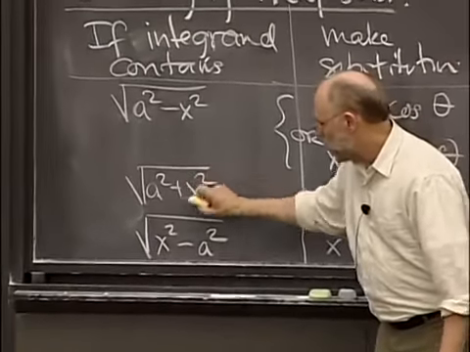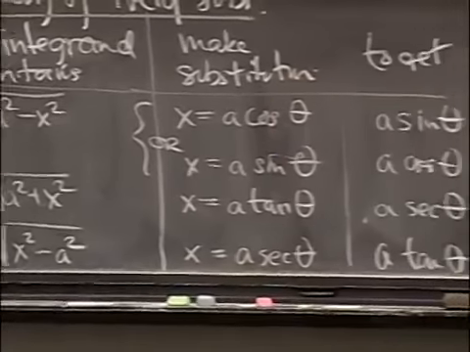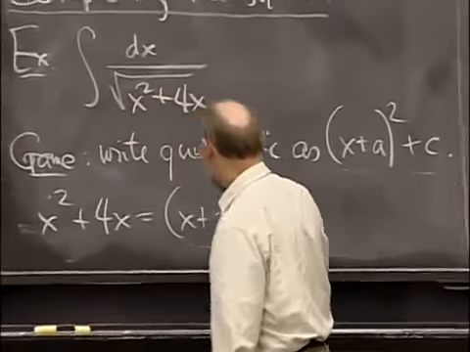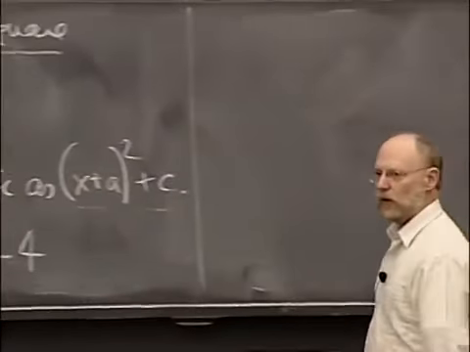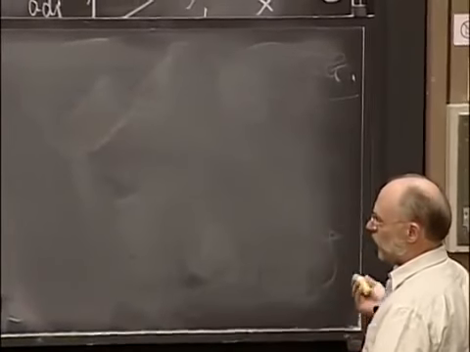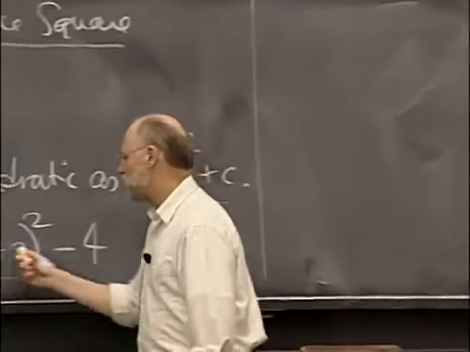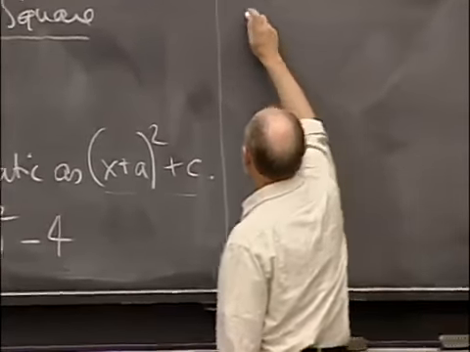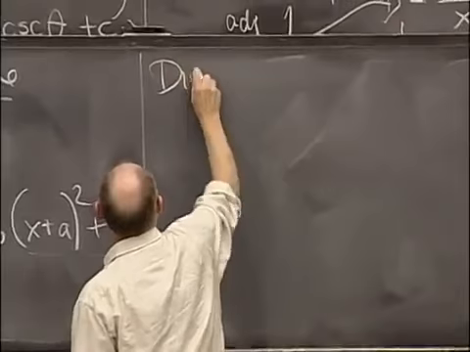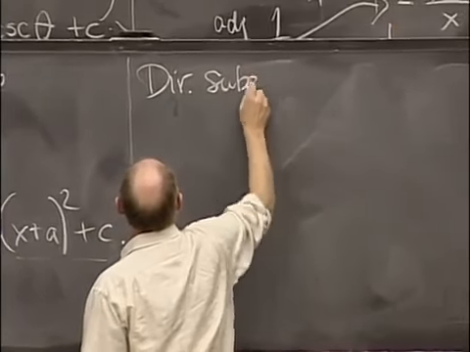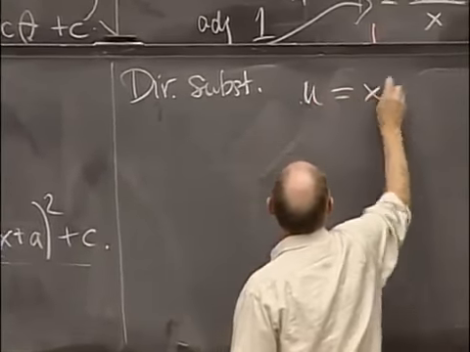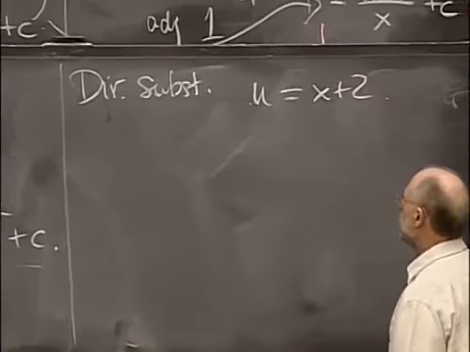In order to get a single variable there instead of something complicated like x plus 2, I'm inclined to come up with another variable name and write x plus 2 as that other variable name. So here's another little direct substitution. u is x plus 2.